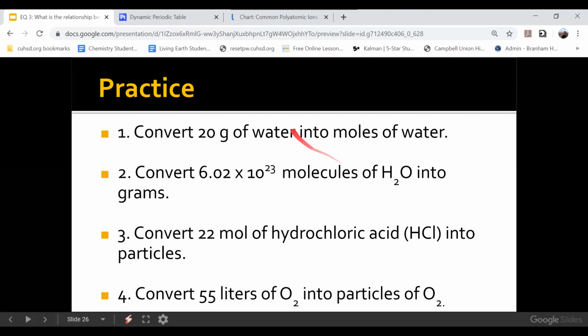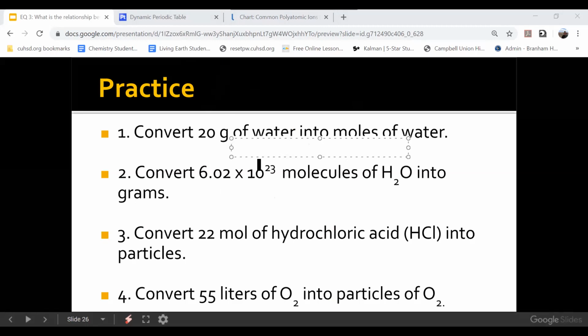So just to give an example of another setup of these, if we want to do 20 grams of water into moles of water, I'm just going to kind of do this a little quickly, so I'm not going to go as slow as I was before. So we're going to take that initial starting grams.